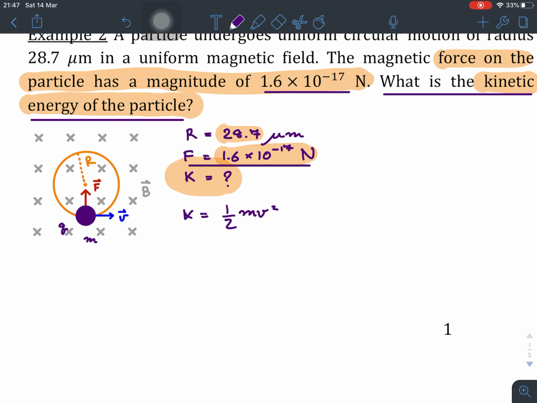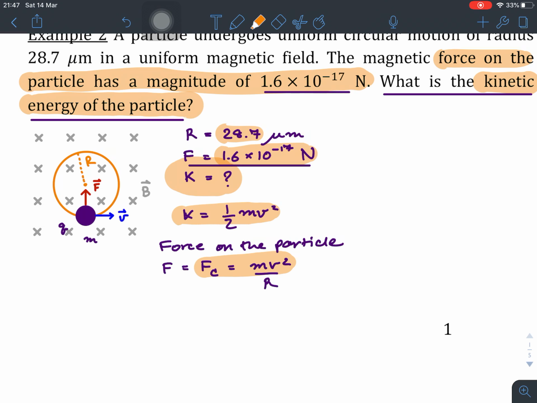As we know, the force on the particle due to the magnetic field is F, and is also the centripetal force, Fc, that makes a circular motion, and Fc can be written as mv squared over r. So then we see some kind of similarities between Fc and the terms of K.